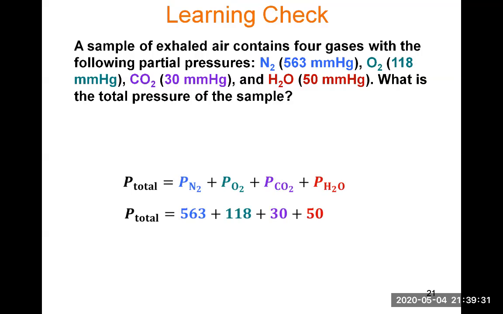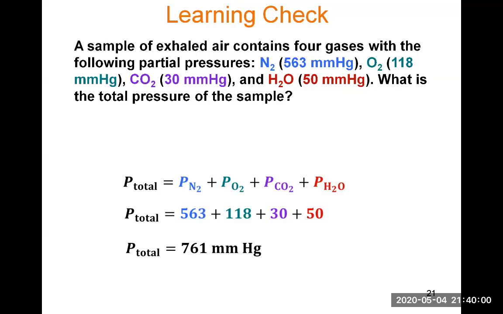So in your calculator, you add them. 563 plus 118 plus 30 and plus 50. And the calculator answer is 761. And because all gases were at the same unit of millimeters of mercury, the total pressure will also be in millimeters of mercury.